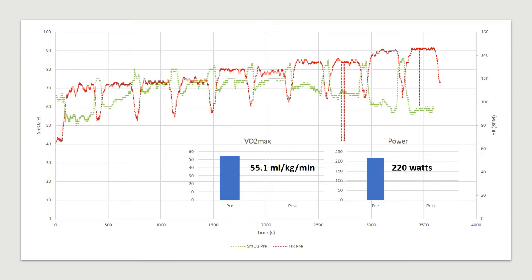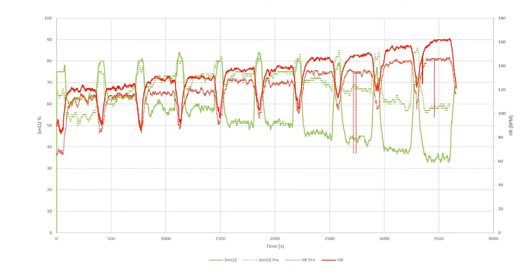And then we did a post test about 6 months later. I'm going to take a look at that, and that resulted in this, where we see that there's actually a pretty big change in the SmO2 value, so in the extraction and utilization of oxygen, which goes down to close to 30%.